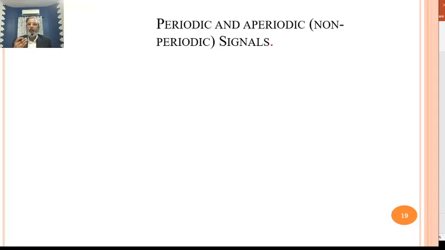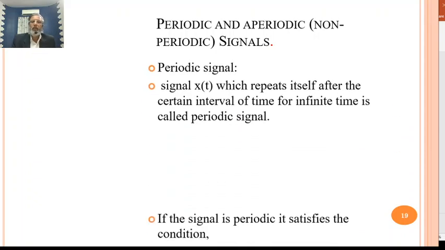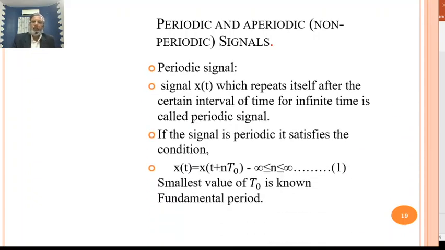A signal which satisfies this mathematical condition is called the periodic signal, where the smallest value of this T0 is known as the fundamental period of that signal.